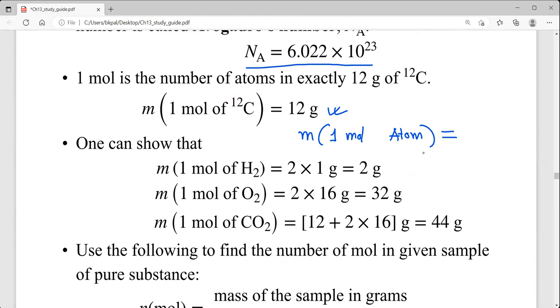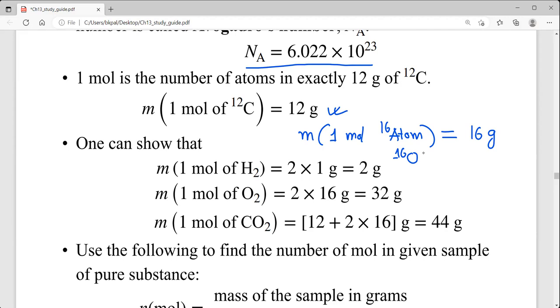Let's say we are talking about oxygen atom, and the atomic number of oxygen is 16. Once you know the atomic number, the mass of 1 mole of that atom will be just the atomic number in gram. So if the atomic number is 16, then the mass will be 16 gram.